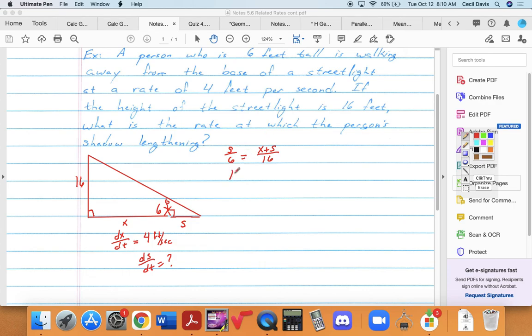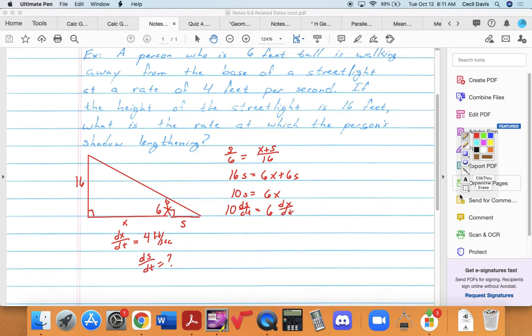So this would be 16s is equal to 6x plus 6s. Subtracting the 6s from both sides, I get 10s is equal to 6x. Taking the derivative now with respect to t, I get 10 ds dt is equal to 6 dx dt.